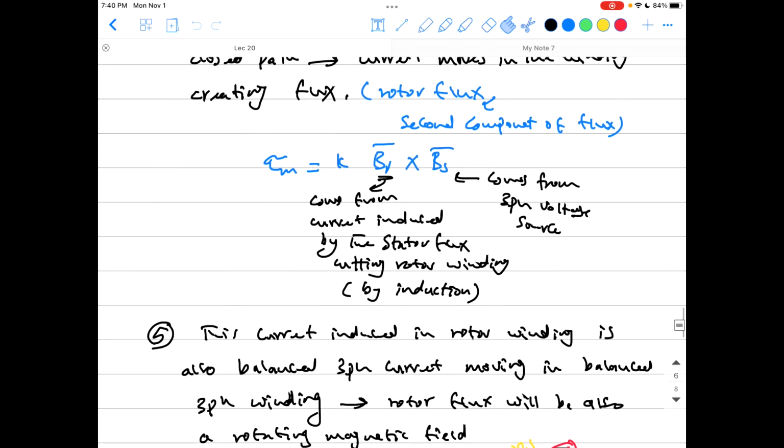The torque of the motor equals K, which is a constant related to the dimensions of the motor itself and its materials, multiplied by the rotor flux cross the stator flux. So like we said, we need two components of flux. The stator flux comes from the three-phase voltage source applied to it, and the rotor flux comes by the induced voltage on its winding, caused by being cut by the time-varying magnetic field coming from the stator.